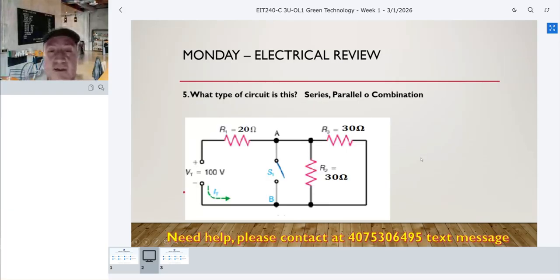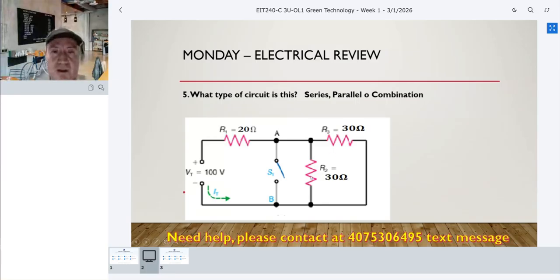Number 5. Number 5 says, what type of circuit is this? Normally, you have different kinds of circuit: series, parallel, combination, right? But if you analyze this circuit, you see you have a voltage at this point, a resistance of 20 ohms, a resistance of 30 ohms, and a resistance of 30 ohms.